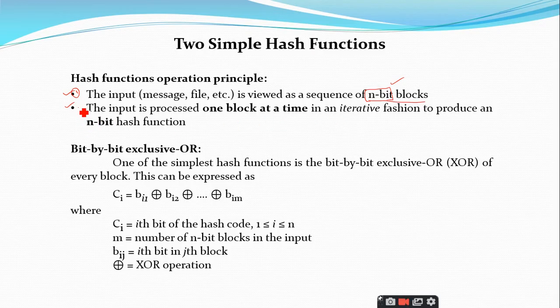And the second principle on which these hash functions operate is that the input is processed one block at a time. So, you have n bit blocks, and you will consider only one block at a time, and iterate over the blocks to produce an n bit hash value.